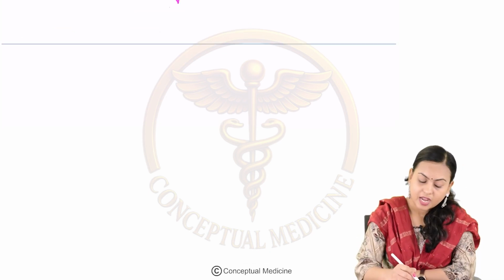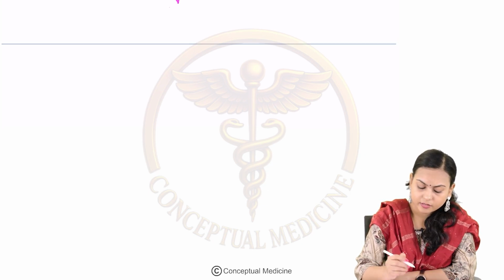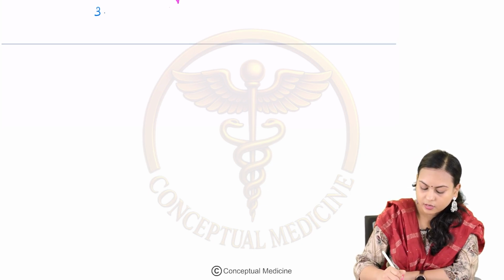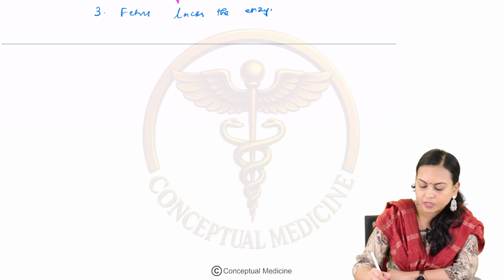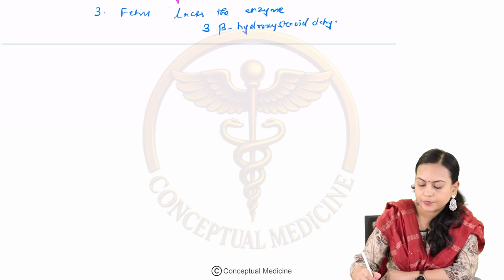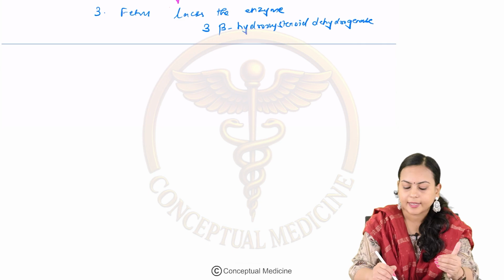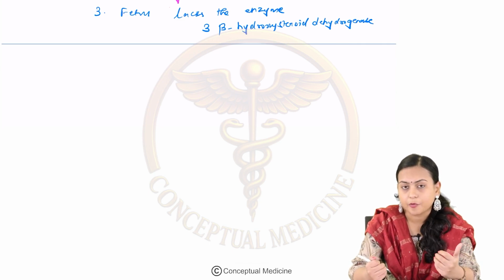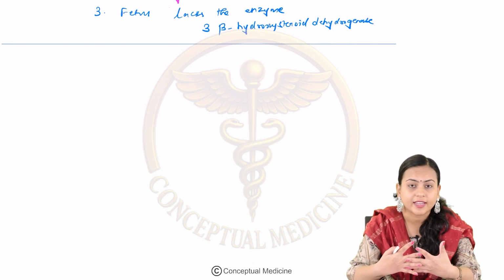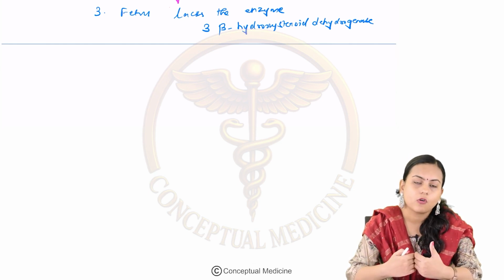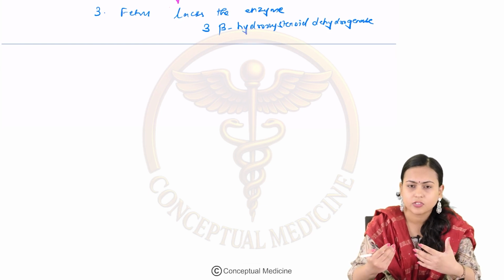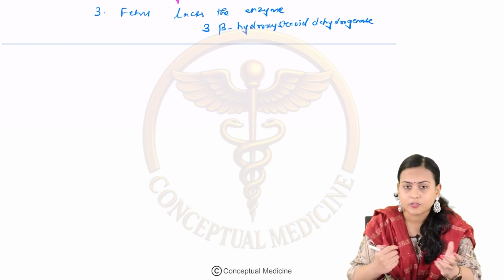And the third conclusion we can arrive at is, fetus lacks the enzyme 3-beta hydroxysteroid dehydrogenase. Understood? So, since placenta is lacking one enzyme and the fetus is lacking another enzyme of steroidogenesis, these are going to act together as a unit and it is going to produce all the steroid hormones, namely estrogen, progesterone and even the androgens, corticosteroids, etc.